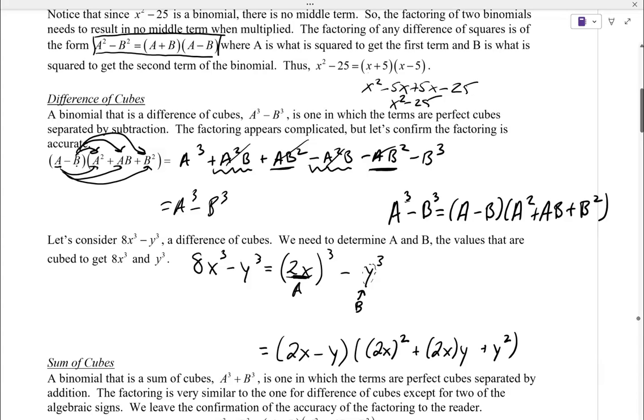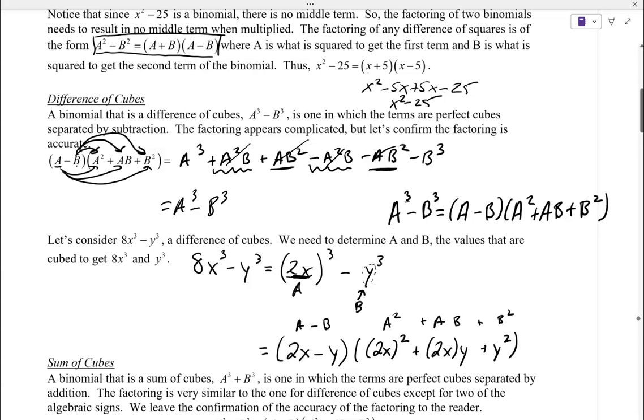Again, just to write it on top here, here's your A. Here's your A squared. Here's your AB. Here's your B squared. We're going to do more examples of this, but let's just make sure we go through and see the pieces. Notice that the sign in the middle here is the same as the sign in the middle here.